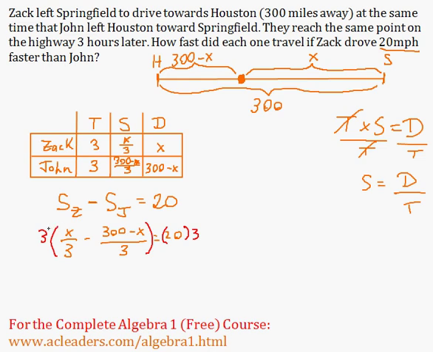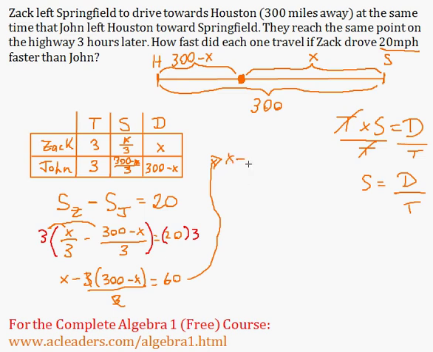So here we need to distribute these guys. And 3x over 3 is just x. Over on this side, I have 3 bracket 300 minus x all over 3. The 3's cancel out. Equals 20 times 3, 60. Now let me just continue up here because I'm running out of room down there.